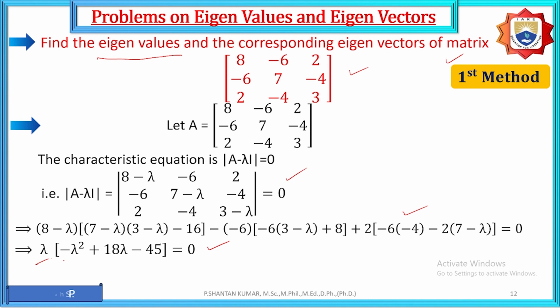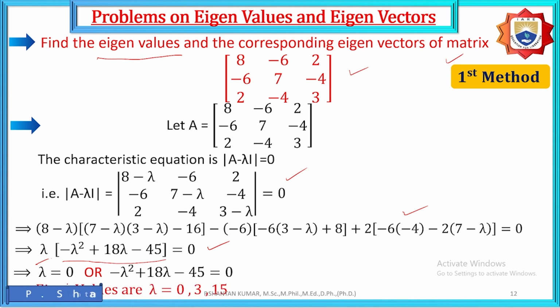The second factor is lambda squared minus 18 lambda plus 45 is equal to 0. By solving this second order equation, we get 3 and 15. Therefore, these are the three eigenvalues: the first one is 0, the second is 3, and the third is 15.